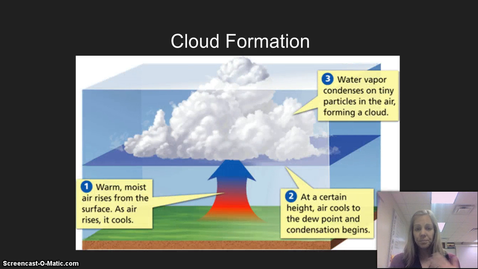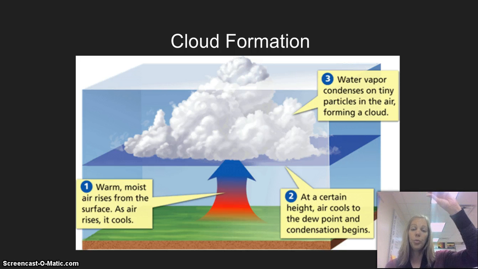Now, here it is in picture form. If you start at number 1, it says that warm, moist air rises from the surface of Earth, or near the surface of Earth, and it cools as it rises. And we know this because the troposphere gets colder as you go higher in it. The next thing that happens is that the air reaches dew point temperature, which means it's completely saturated with water vapor.